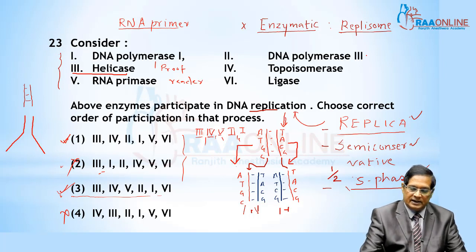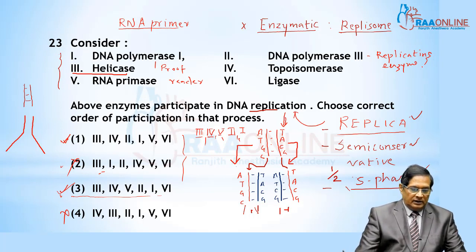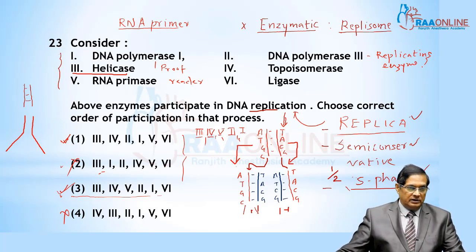Whereas third is the actual replicating enzyme that is involved in the replication. Then during replication, on one strand DNA grows in bits.